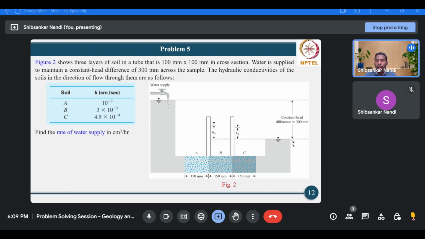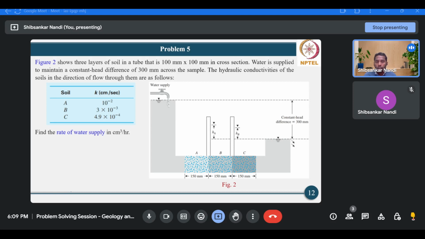Water is supplied to maintain a constant head difference of 300 millimeter across the sample. The hydraulic conductivities of the soils in the direction of flow through them are as follows. With this data, we have to find the rate of water supply in centimeter cube per hour.